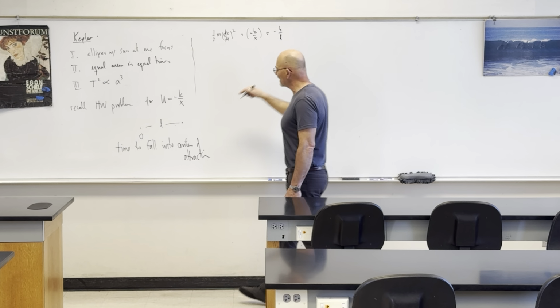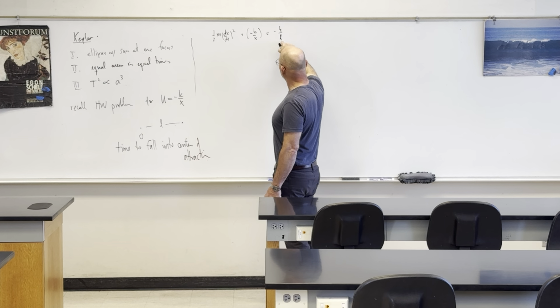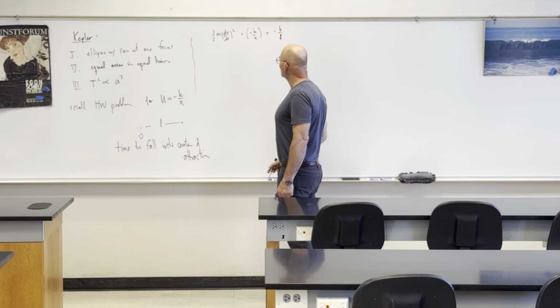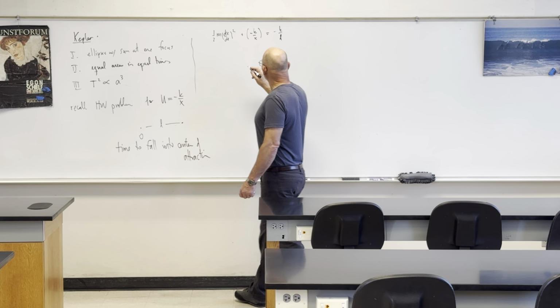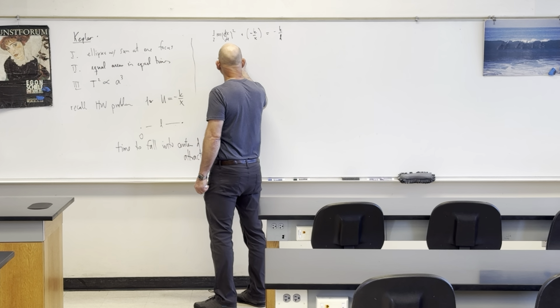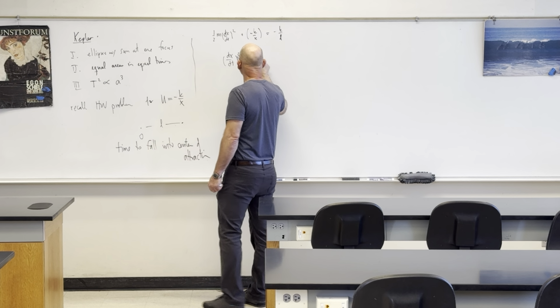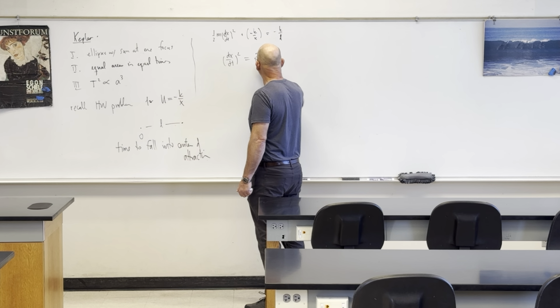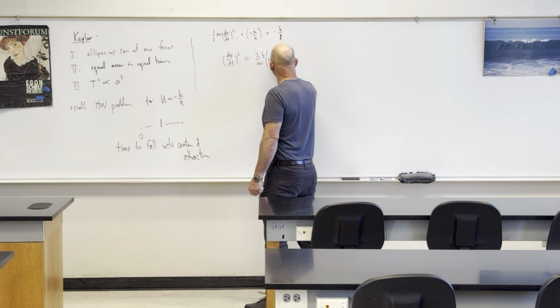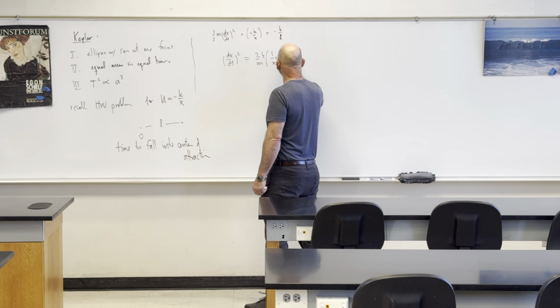We're releasing it from rest here, so the total energy was the potential energy, negative k over L. And we had to do the quadrature, so we had dx/dt. We're just going to repeat this one, by the way. Nothing wrong with that. dx/dt equals the square root of 2k over m times 1 over x minus 1 over L.